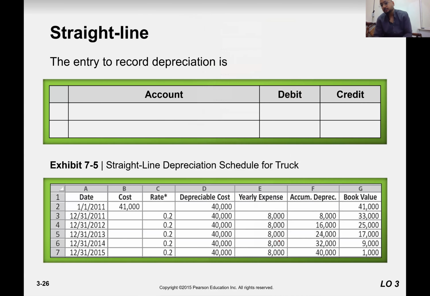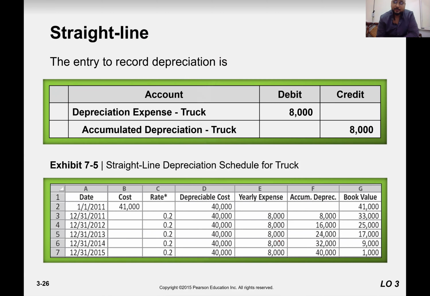The recording entry would be depreciation expense to accumulated depreciation, 8,000, 8,000.